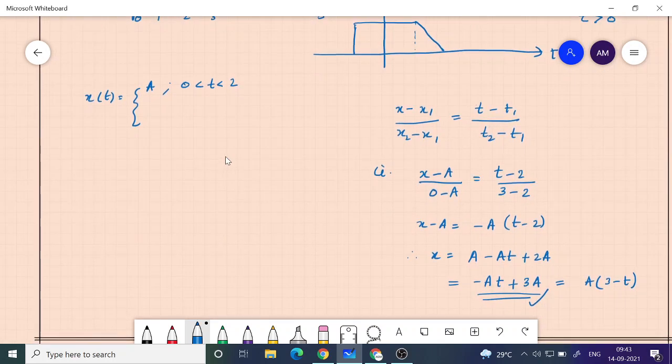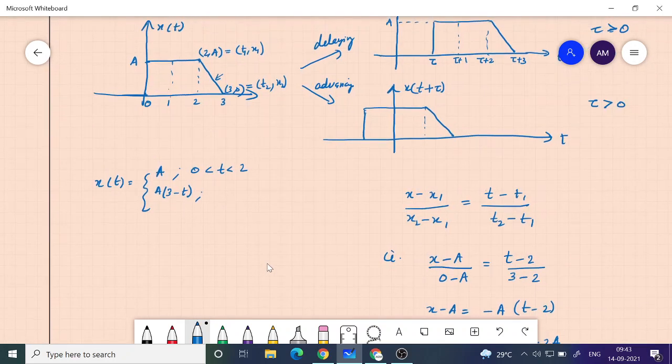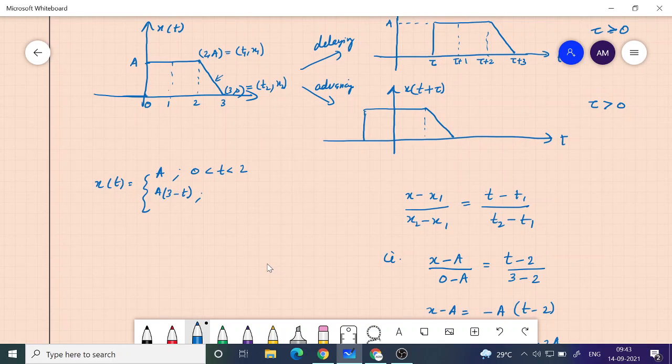Therefore we can write a into (3 minus t) between, from where to where? Between 2 and 3. So you write t between 2 and 3, and all other places it is 0 elsewhere.